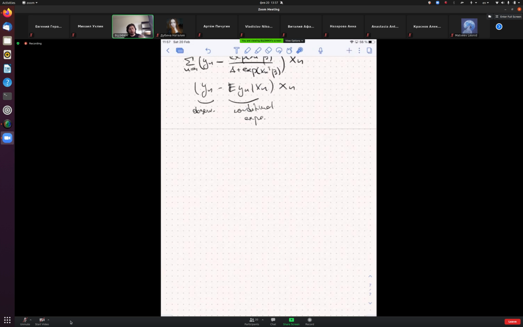Then for different distributions, you just define what the conditional expectation is for that distribution, and the whole other training stuff stays the same. And let me also show you the Hessian. What is the conditional expectation?